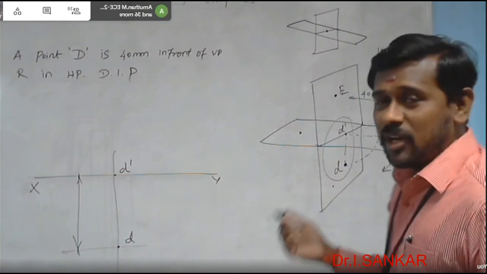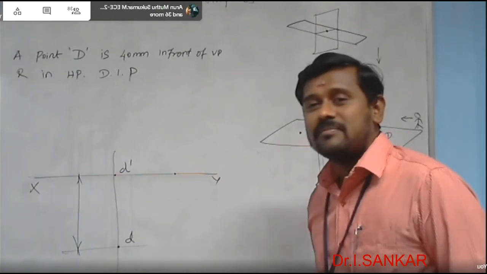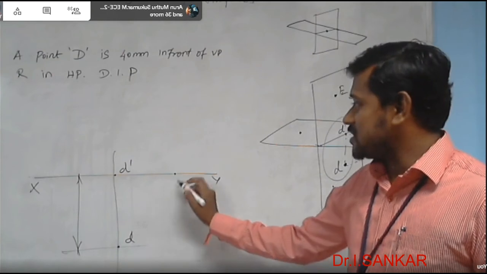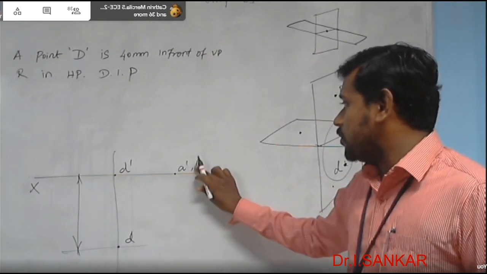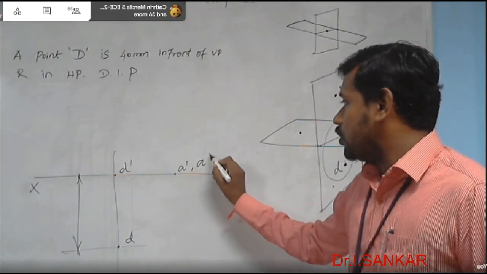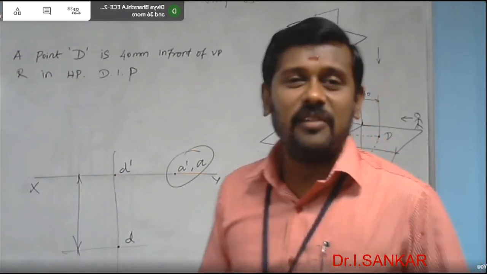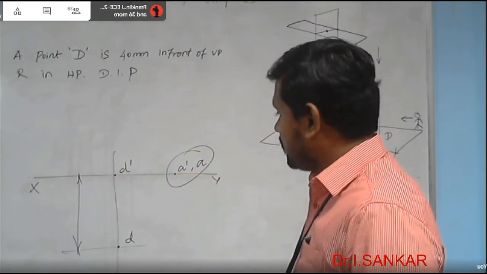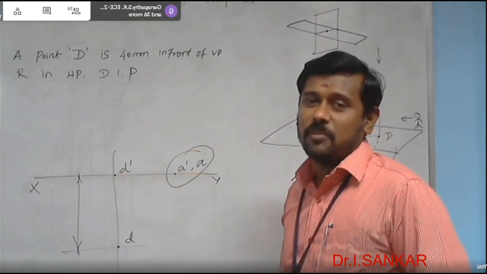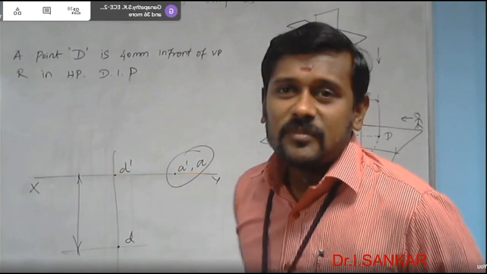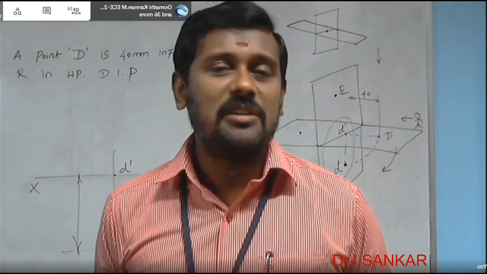If you draw the front and top views, they will be obtained in the same place, on the XY line itself. There we can mark the front view and the top view, A dash comma A, both at the same point. If the point is in both HP and VP, then on the reference line itself, without taking any distance, you can mark the front and top views of the point in a single location. In that way we can have some typical, different types of questions in the projection of points chapter also.